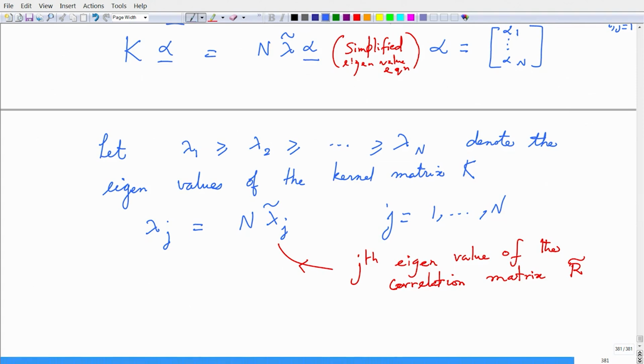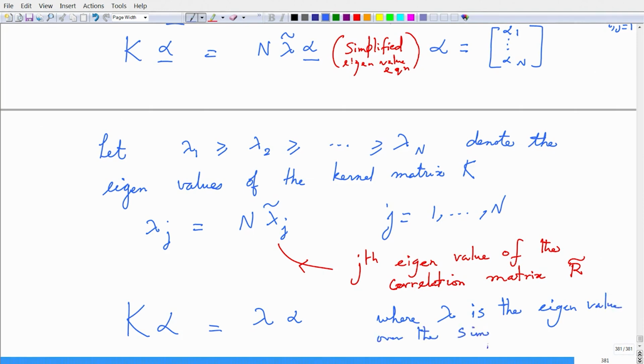K alpha equals N lambda tilde times alpha, as K alpha equals lambda alpha, where lambda is the eigenvalue which is given by N times lambda tilde, right. So, this is pretty straightforward.